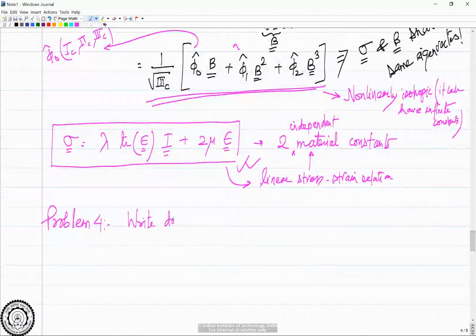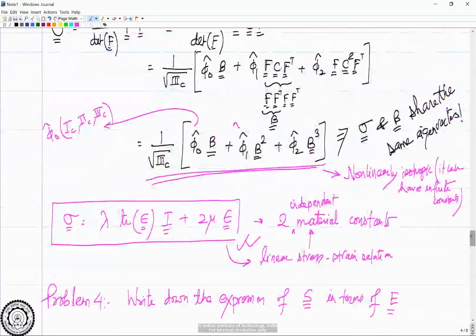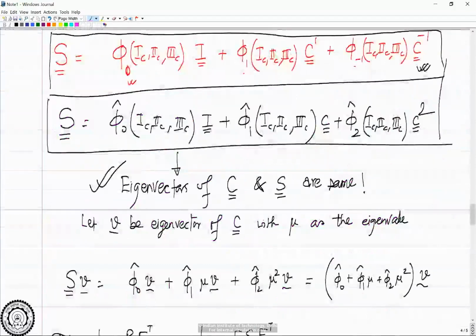Write down the expression of S in terms of E. You see, if you go up, you have the expression of S in terms of C. So you simply have to substitute C in terms of E.